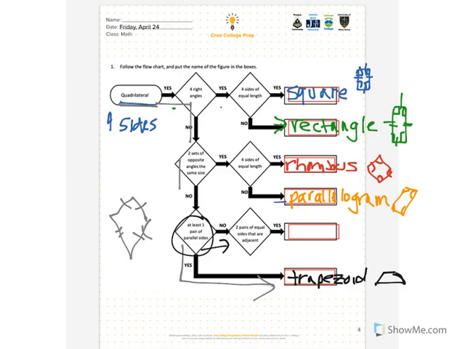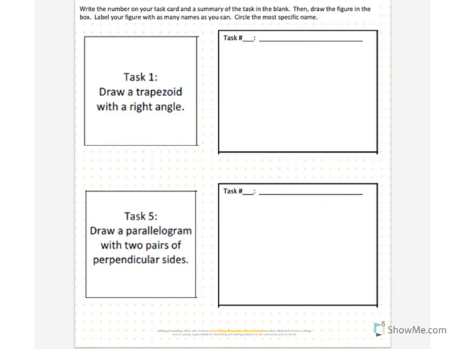And those are the same length. So no parallel sides, but 2 pairs of equal sides that are adjacent, which means next to each other, and that is a kite. I should have marked right here that these are, oh no, they're not equal length. Ignore that. They're just parallel. Okay, this is how your flowchart should be filled out. Moving on to the next page.